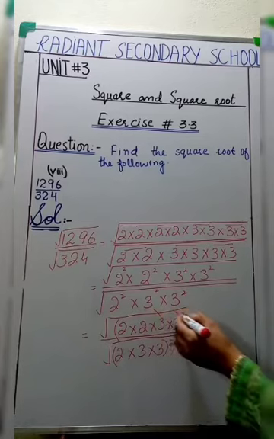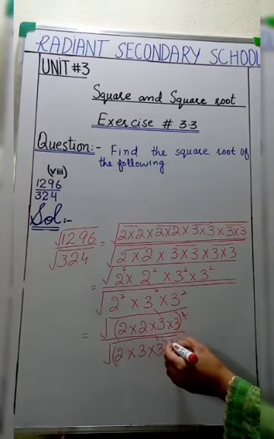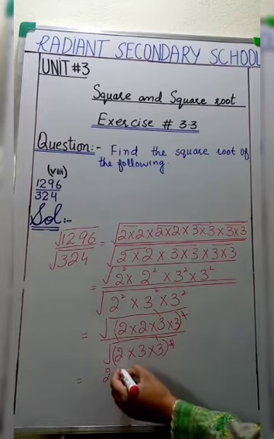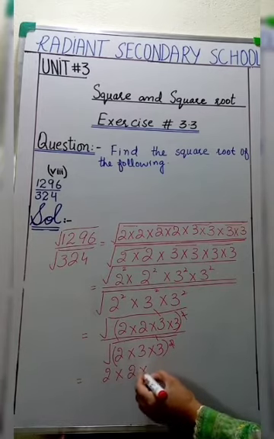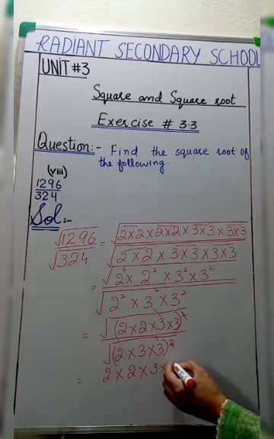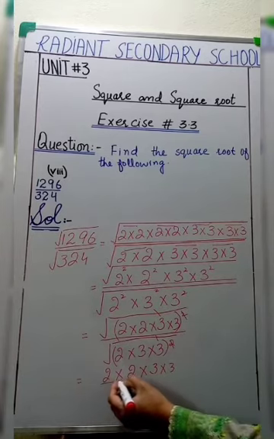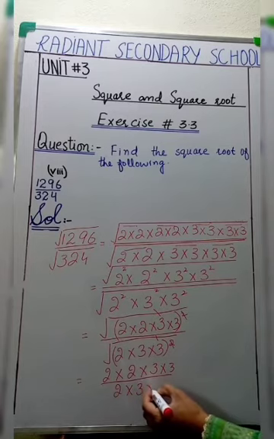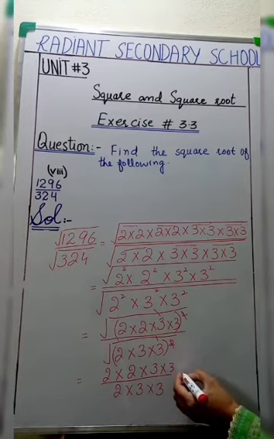Now this root will be cancelled with the square and we are left with 2 into 2 into 3 into 3 over 2 into 3 into 3.